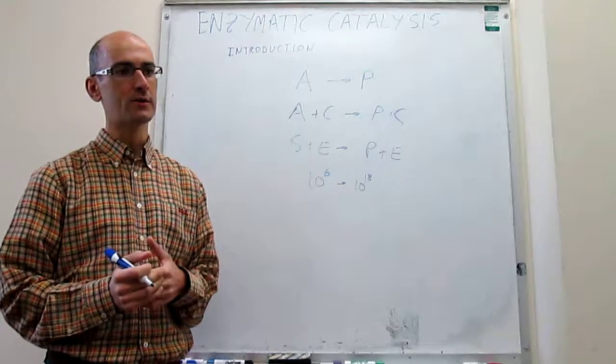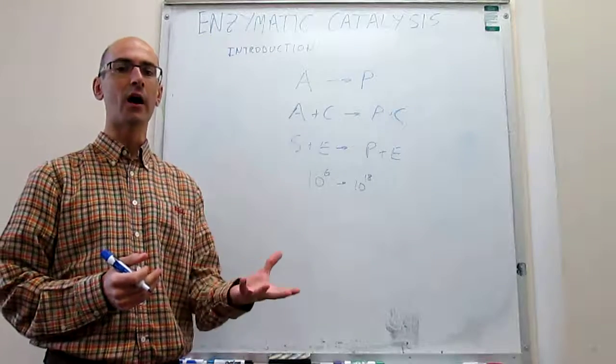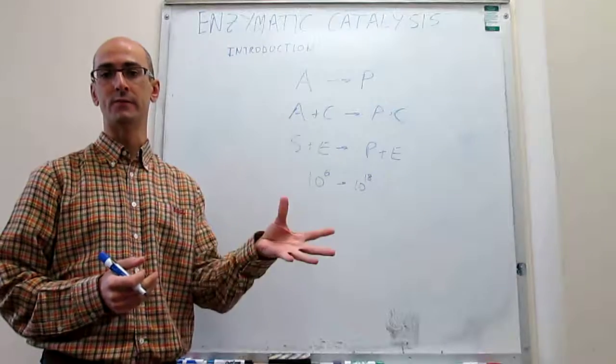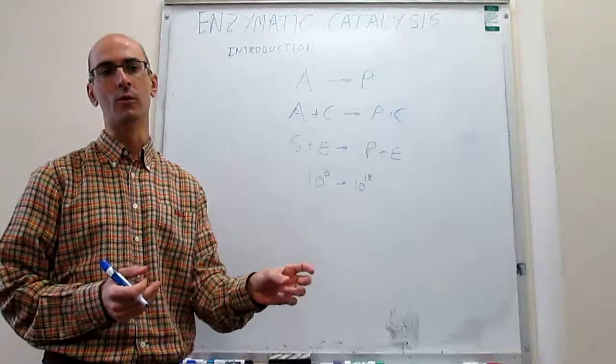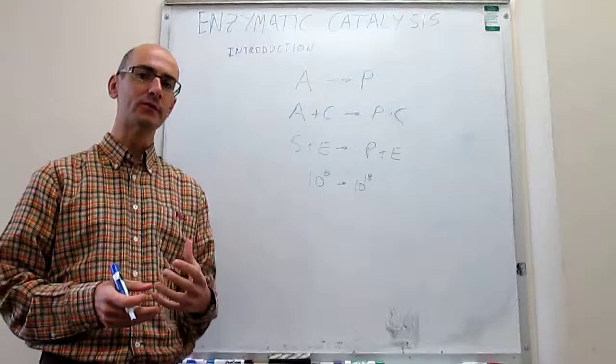We also know that enzymes are very specific. Some of them are chiral, and that means that they will catalyze the reaction with one of the stereoisomers or enantiomers of one molecule, but not with the other one. We also know quite a bit about the structure of enzymes.